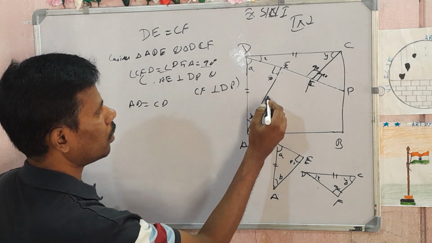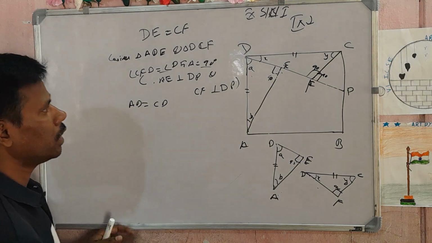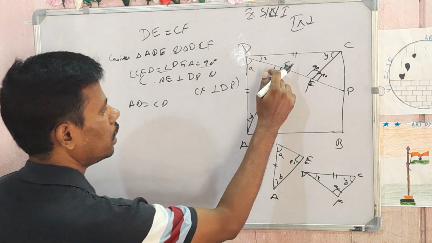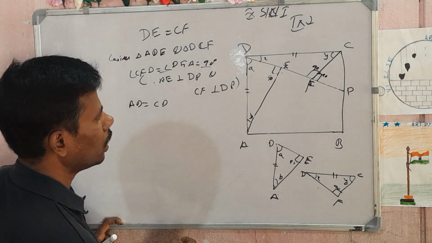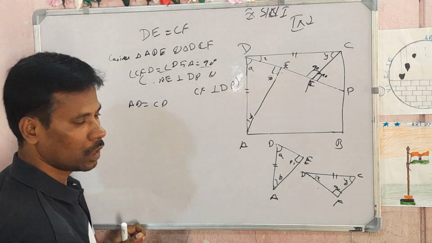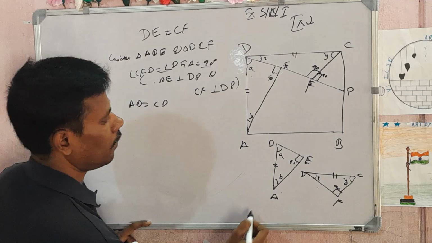Next, what can you say? One more is left or no? Can you prove any other way? Why is this angle 90 degrees? This angle is 90.